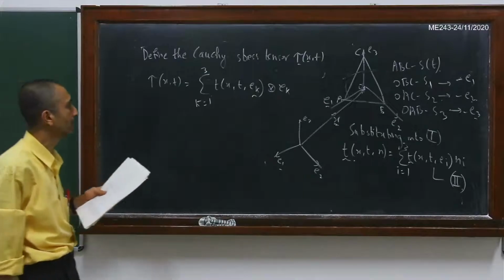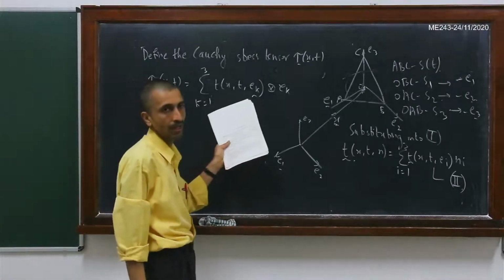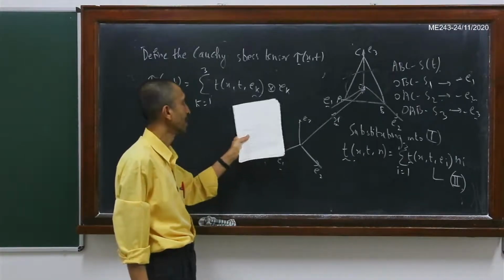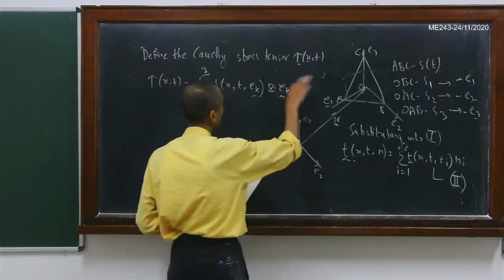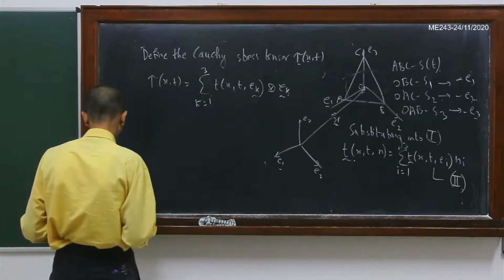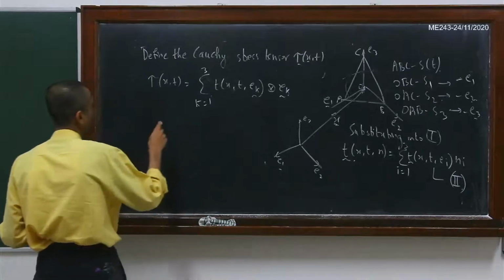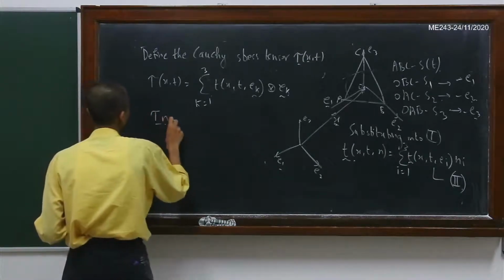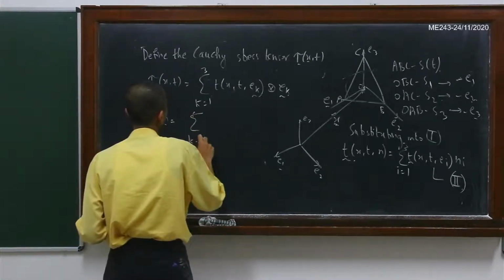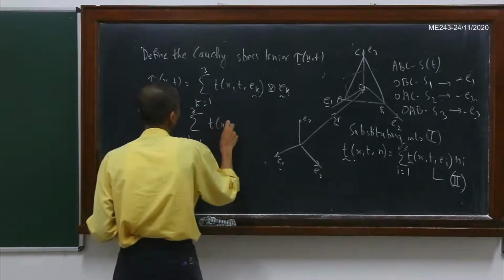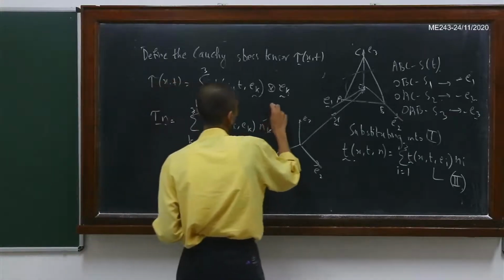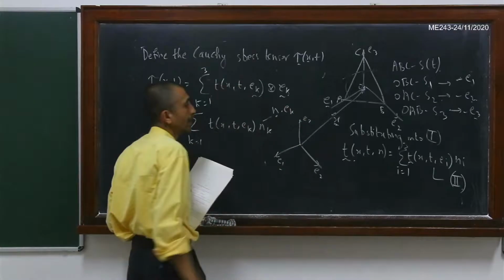Immediately you can see that now there is no dependence on the normal, because these are just the canonical basis vectors E1, E2, E3. So there is no dependence on n in this case, right? Now if you multiply this tau with n, then what do you get? Tau times n is equal to the summation of k equal to 1 to 3 of t of x, t, e_k times n_k, because this n_k is nothing but n dot e_k, by the definition of the dyadic product.